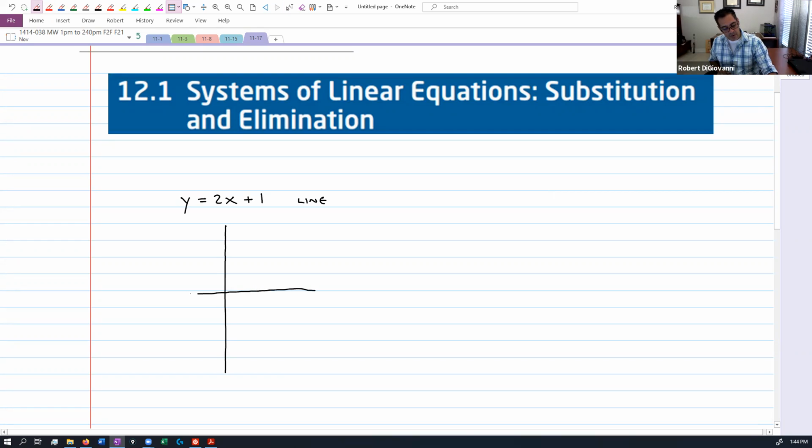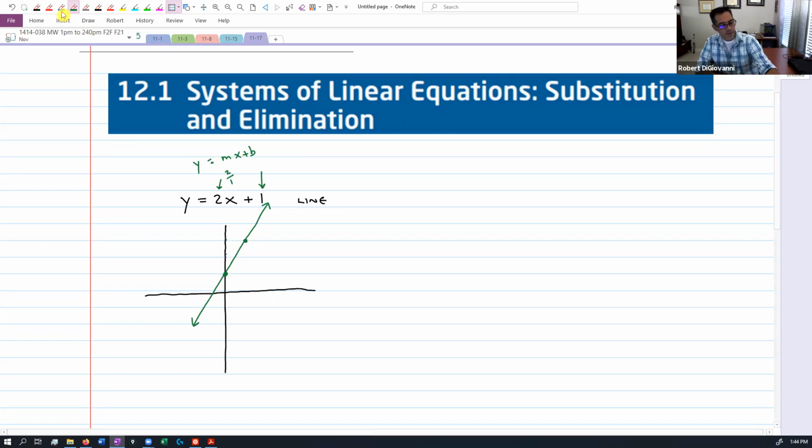So to graph it, all you'd have to do is go to the y-intercept, which is 1. Remember, this looks like mx plus b on the right side. So you go up 1, put a dot, and then you'd use the 2. That's your slope, your rise over run. So you go up 2 to the right 1. You draw a point, connect the 2 points with a line, and you've got the graph, right?